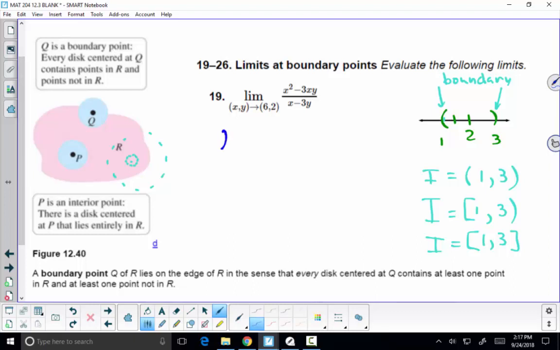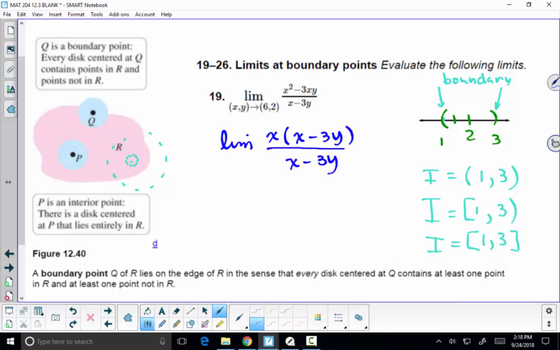Not always. And so just like in Calc 1, if you're dealing with a value that causes the function to be indeterminate, you have to do more analysis. And usually what you did was factor, cancel a common factor, something like that. There wasn't a lot of things you tried. But one thing you did certainly try lots was to see if there was a common factor.